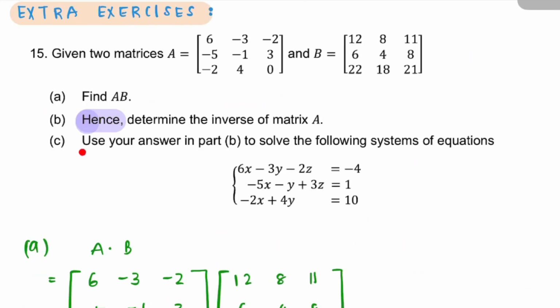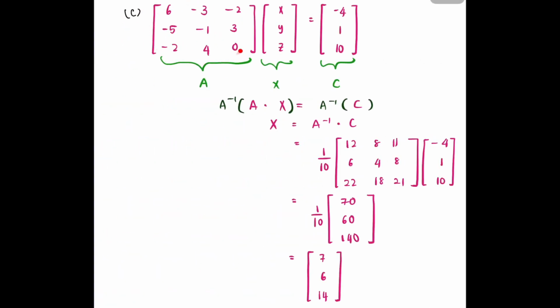The next question asks us, use your answer in part B to solve the following system of equations. So this is the question here. Let's write this question in terms of matrix. So this is it. This is the coefficient times xyz equal to minus 4, 1, 10.